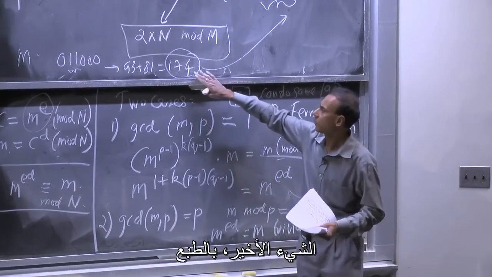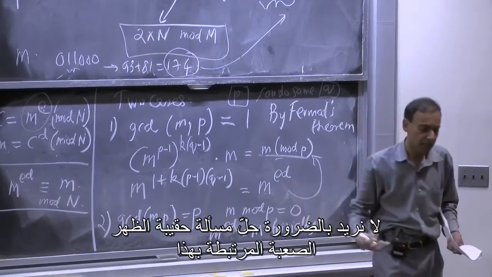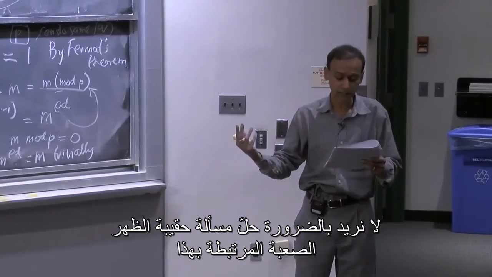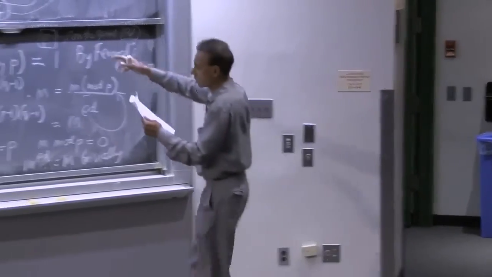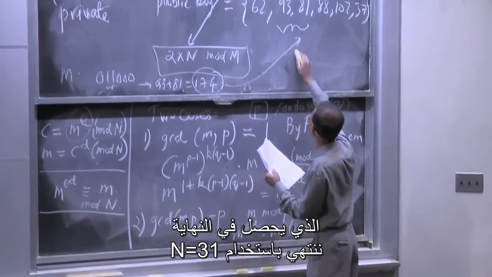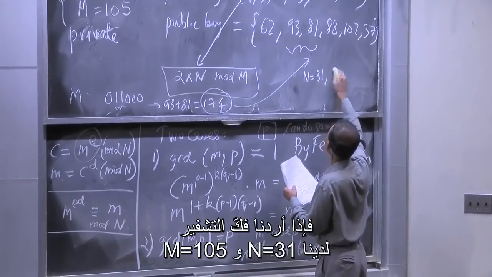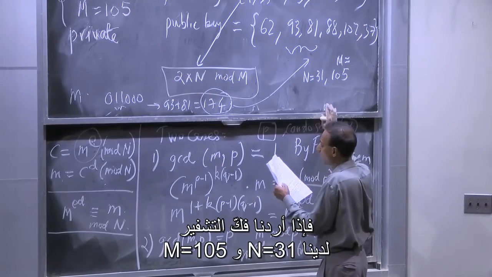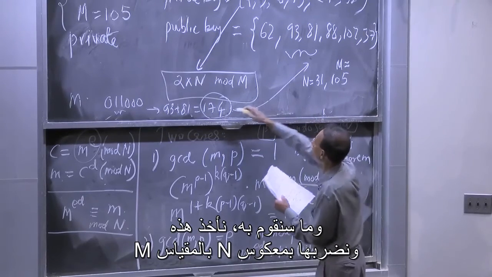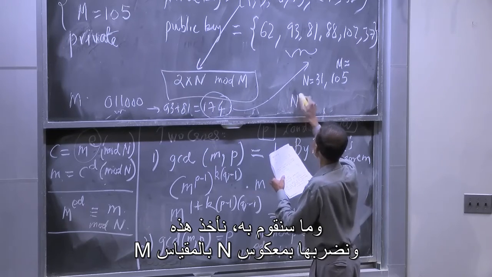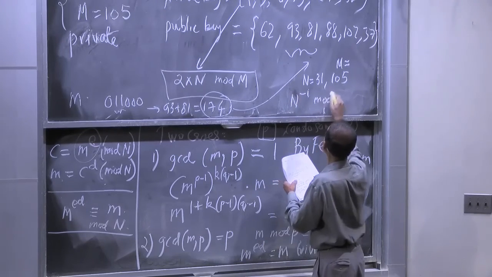The last thing is, of course, you don't want to necessarily solve the hard knapsack problem associated with this. So what ends up happening is you end up using n equals 31. So if you want to decrypt, you have n equals 31 and m equals 105. And what you're going to do is take this and multiply it by n inverse mod m.